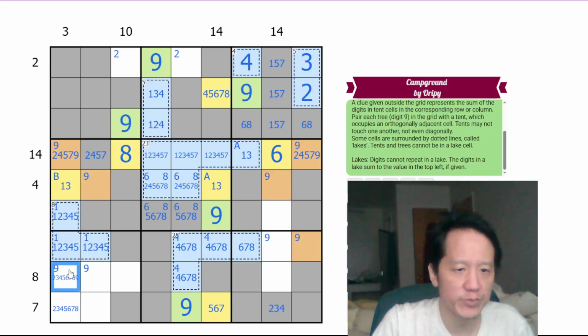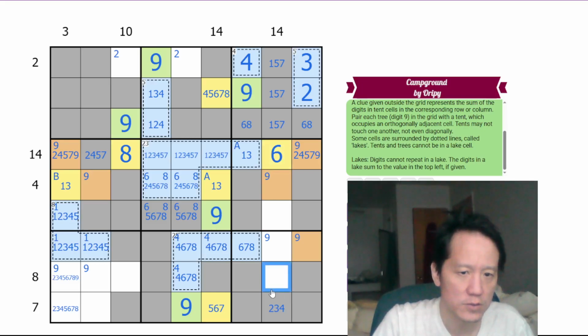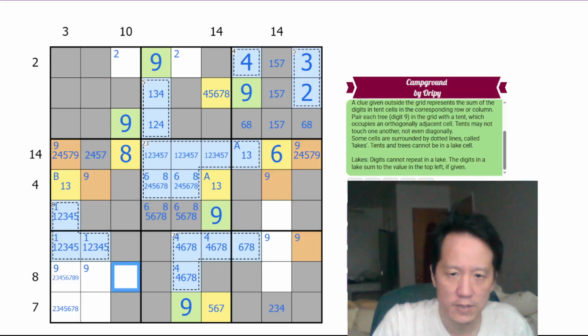This can no longer be 2 and 6 here. So if this were a tent, it would be 2, and therefore that would be 6, but we'd have 2 6s here. So this cannot be the tent then. This cannot be the tent because it requires it to be 2 at least. So one of these 2 is a tent. This is not gray.